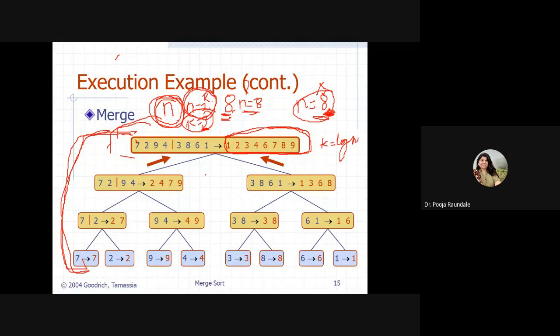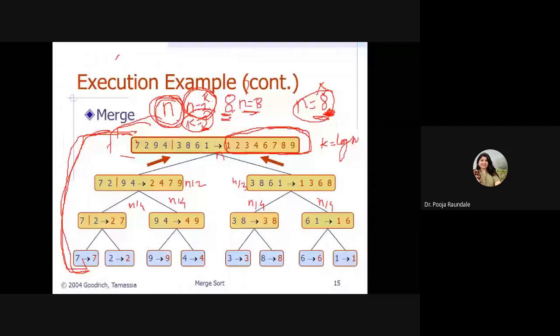So how many recursive operations will happen when merge sort is called? Now don't consider only 8 elements. So you have n elements here, then you have n by 2 elements and n by 2 elements, then you will have n by 4 elements. So how many times n by 4 elements के लिए आपको call करना पड़ेगा recursively? See, you give a call once for n number of elements.